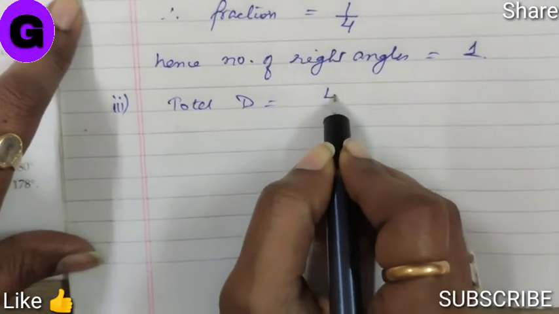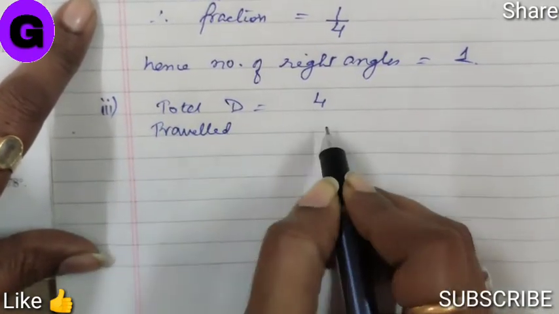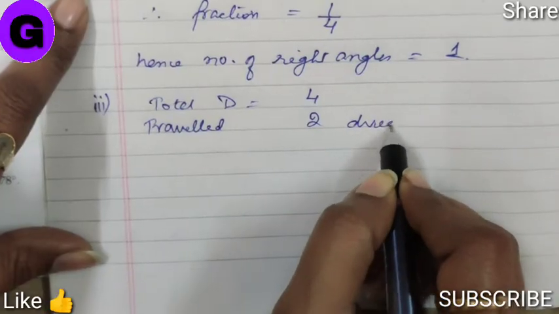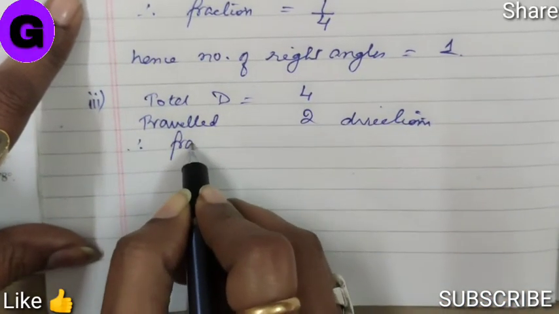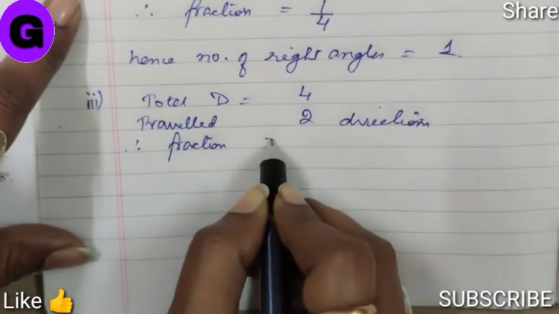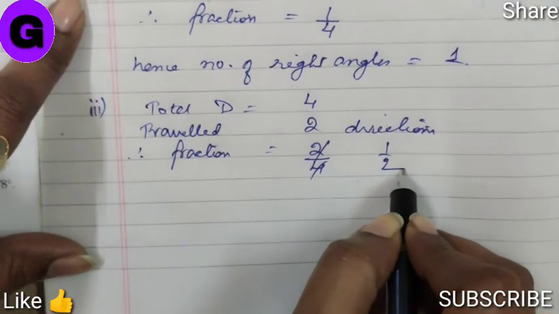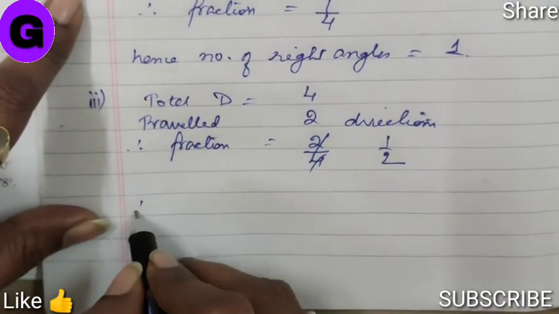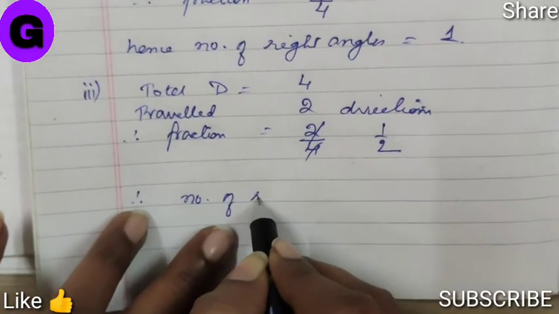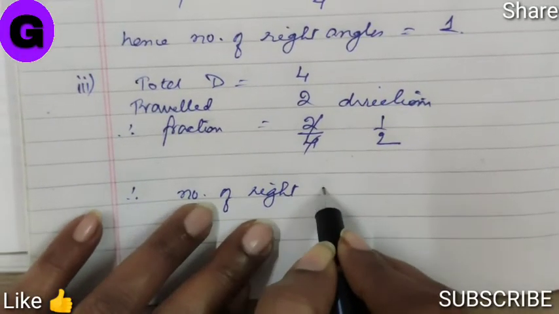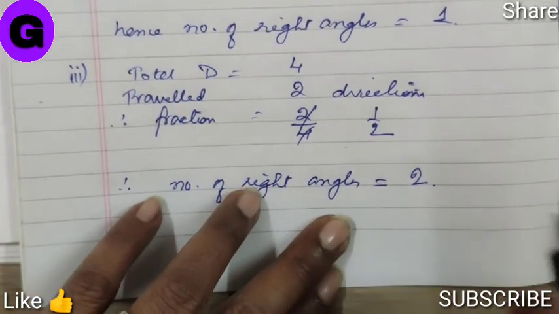Total is 4. Travelled two directions. Therefore, fraction is equal to 2 by 4. That gives us half. Therefore, number of right angles is 2.